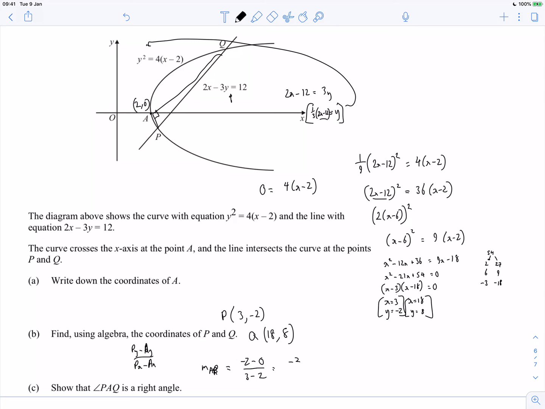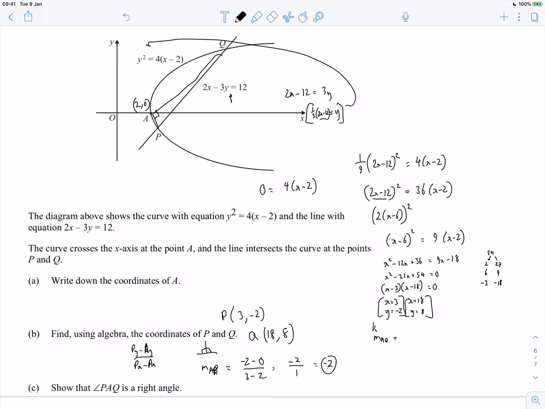Minus 2 on the top, 3 minus 2 is 1, so that gradient is negative 2. To show this is perpendicular, I have to show that the gradient of A to Q is the negative reciprocal of 2, which is a half.